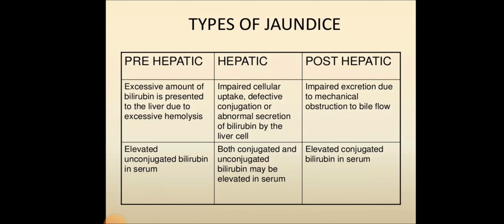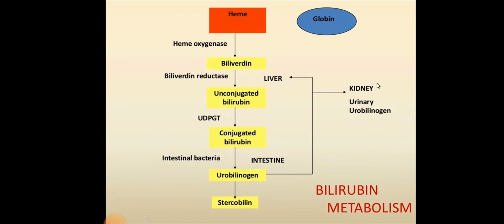The bilirubin in the liver is then combined with glucuronic acid to form conjugated bilirubin, and the main enzyme involved in the conversion is UDP glucuronyl transferase. And then it is excreted from the liver in the form of conjugated bilirubin.